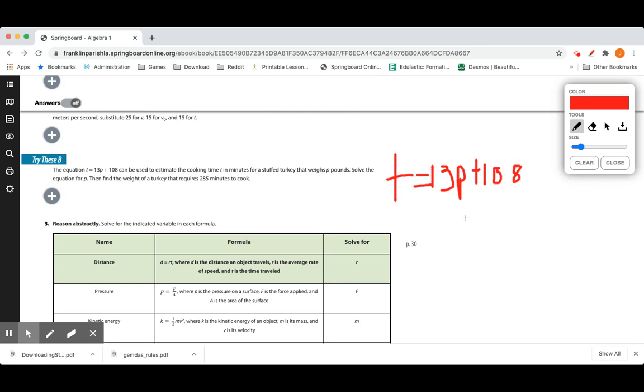We want to get P by itself, so let's take away the 108 first from both sides for our subtraction equality purposes. So T minus 108 will equal 13P.